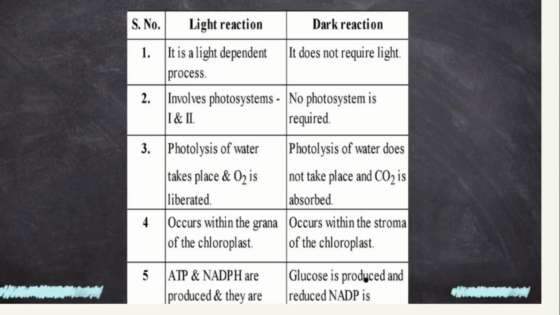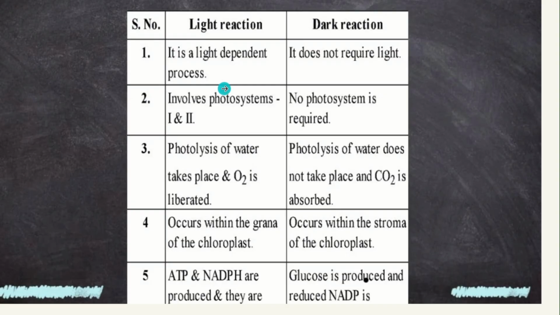We have our light dependent reaction and our light independent reaction. The light reaction is light dependent. Then the dark reaction does not require light, meaning it is light independent.